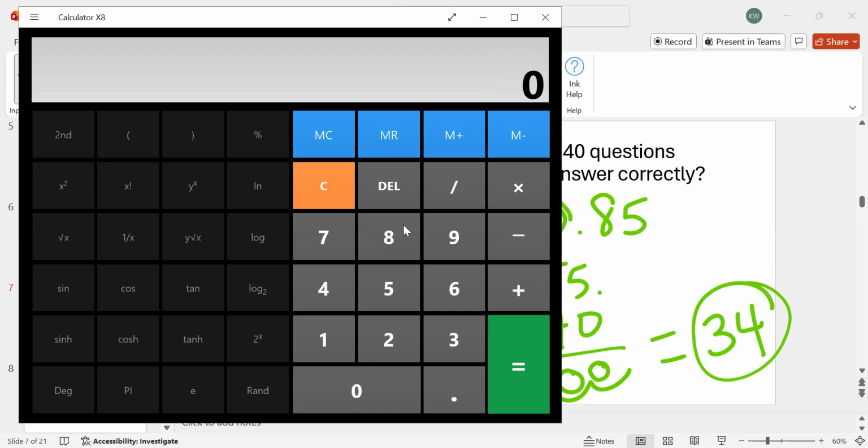And it's not letting me. 85%. I'm not sure why it's doing it that way. Okay, forget that I just said that. But yes, 40 times 0.85 is probably the best way to go because you can do that with the most simple calculator. Okay, let me move this out of the way and then I can get back to things.